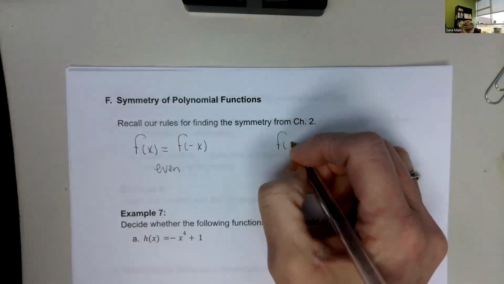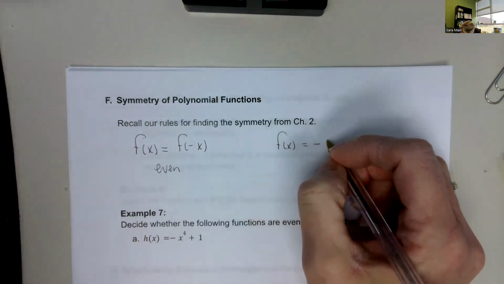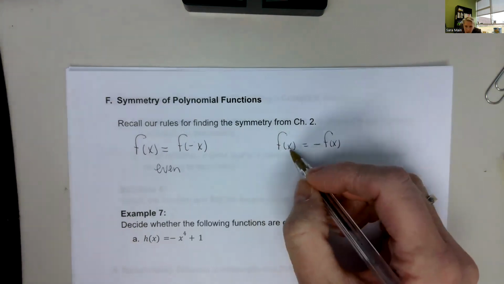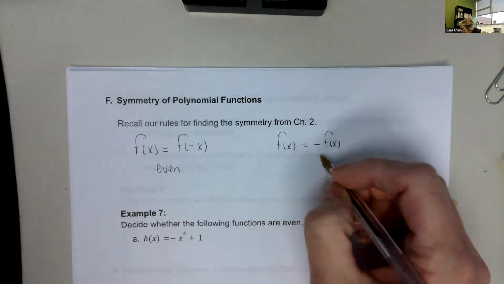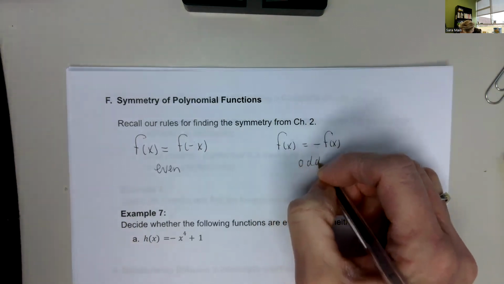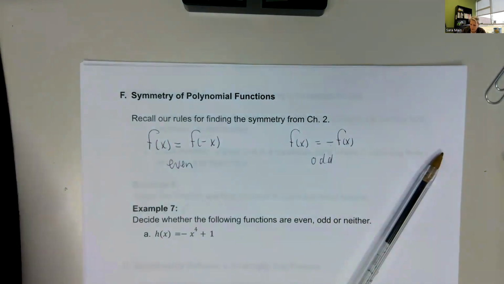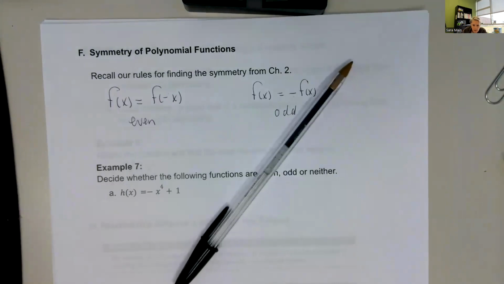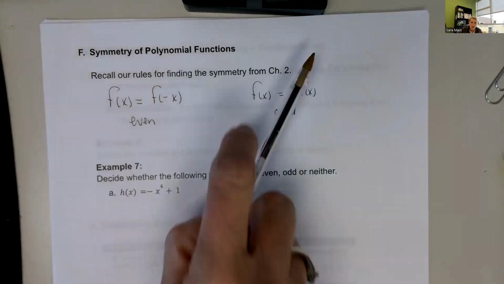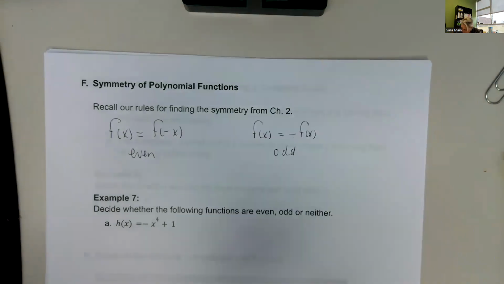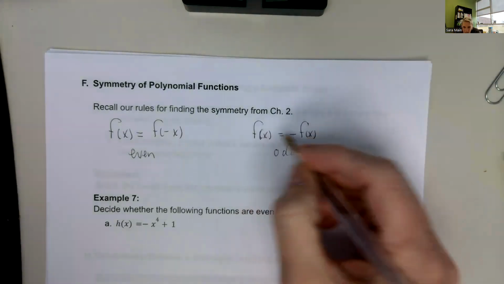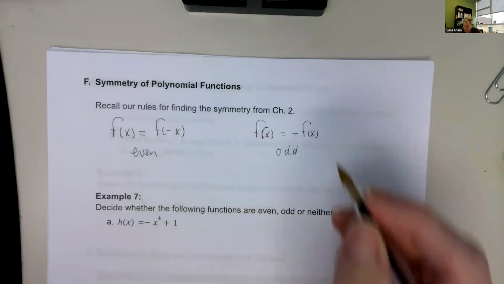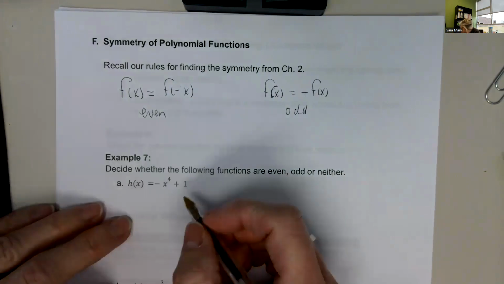If f of negative x equals the opposite of f of x, then it's odd, or it can be neither. I misspoke. Odd is f of a negative x equals the negative of f of a positive x.